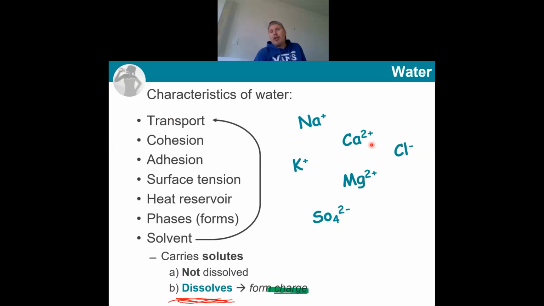And these charges are going to be important in terms of how these materials behave. That's what we're going to be paying attention to, and what we want to notice when we discuss these topics.